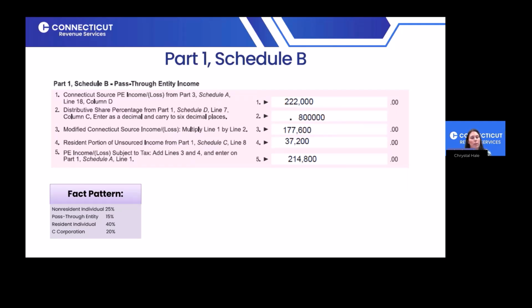So we come up with a modified Connecticut source income of $177,600. The next line, line 4, is our resident portion of unsourced income. So we have not gotten into that example yet, but we have brought it up here as $37,200. We're going to add those two together to determine our PE income that's subject to tax.